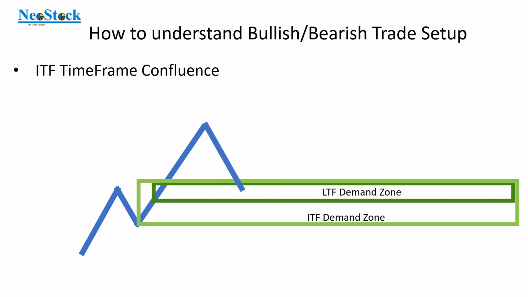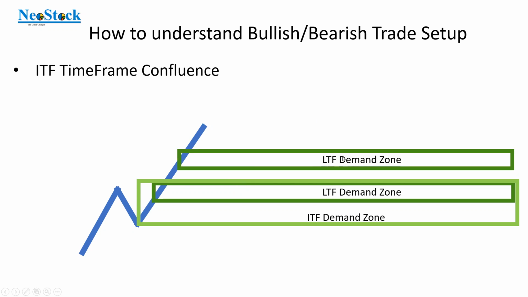Let us assume prices reached here. They got an entry. And this LTF demand zone has a higher success rate compared to the earlier demand zone. But what is the disadvantage? The chance of getting into this second LTF demand zone is low. Because if the order flow of the top LTF demand zone is very strong, what will happen?